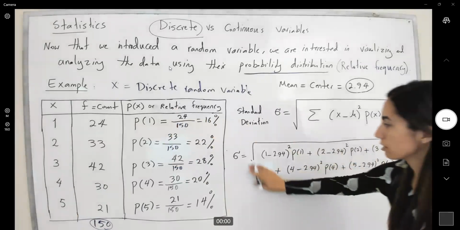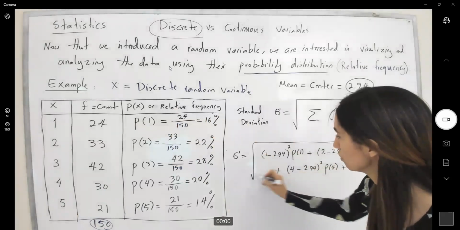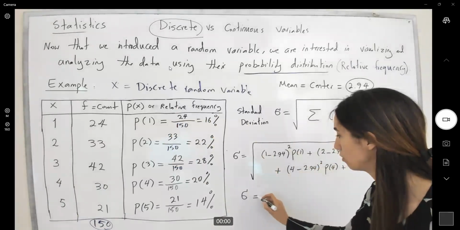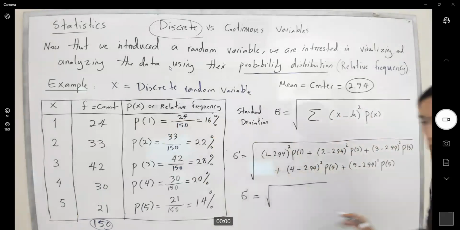All of these are inside your radical. It gives you the sigma. So sigma is equal to square root of what? What is the number inside your radical?